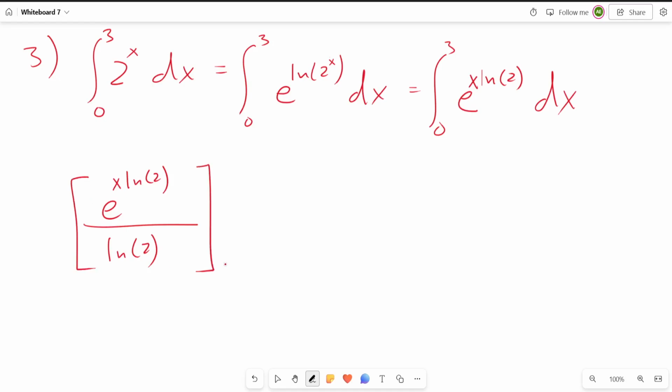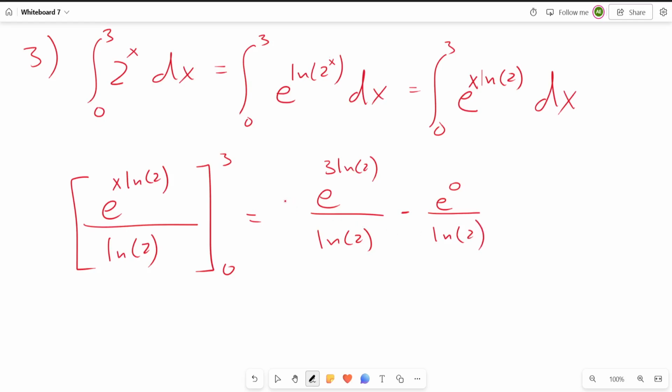and we evaluate this from 0 to 3. So this is going to equal e to the power of 3 ln 2 over ln 2 minus e to the power of 0 times ln of 2. So basically e to the power of 0 over ln 2.